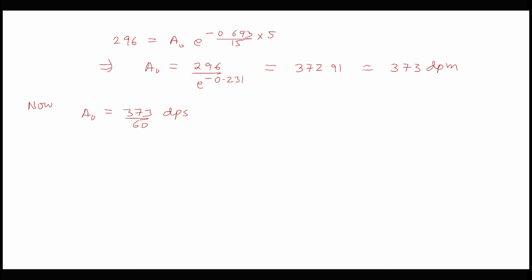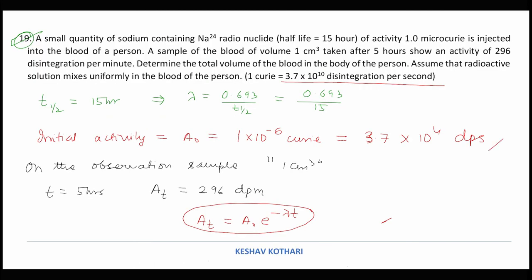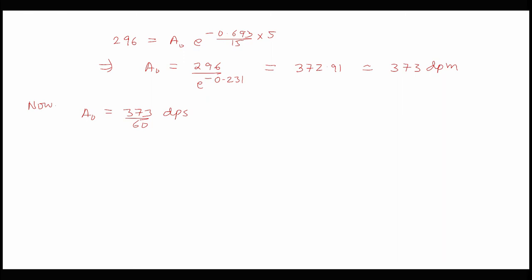When we talk about the entire sample, the initial value of the activity was given to us as 3.7 into 10 to the power 4 disintegrations per second. So using this, we are saying that 373 by 60 disintegrations per second is exhibited by 1 centimeter cube of blood sample.